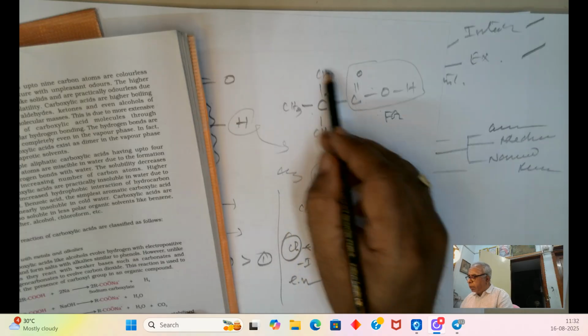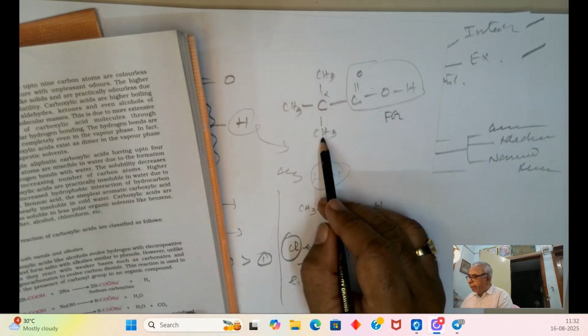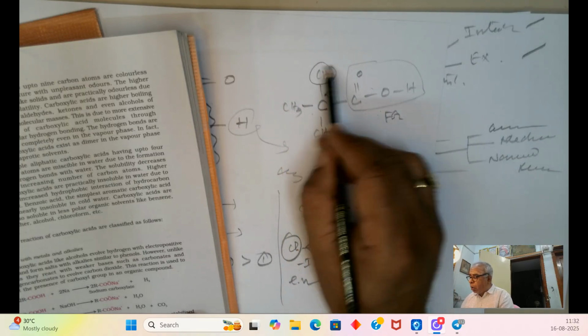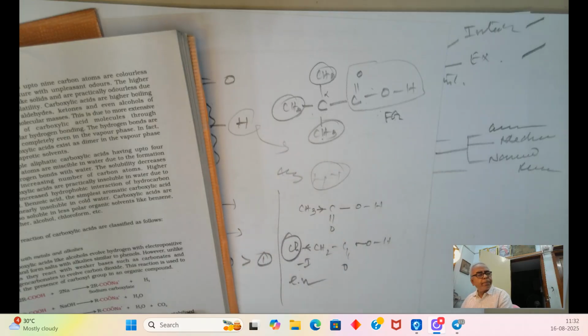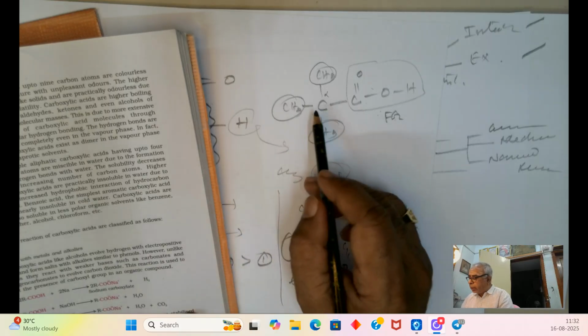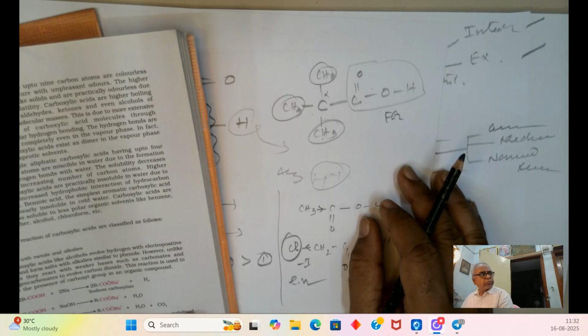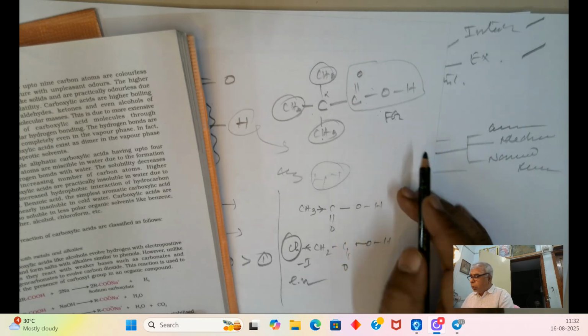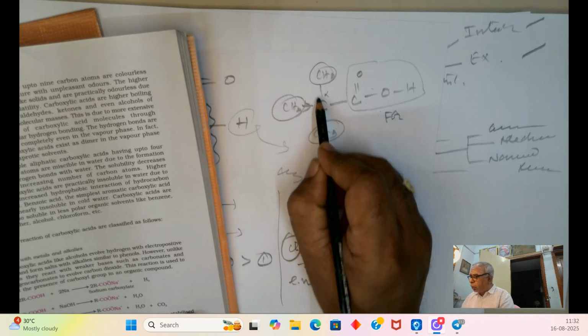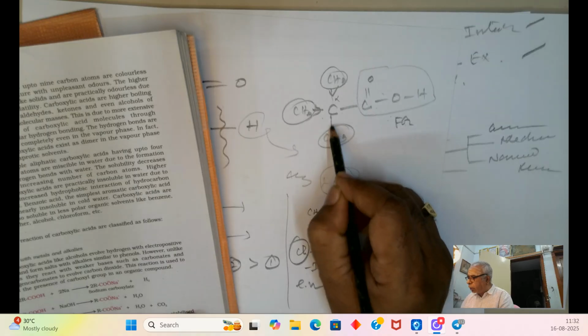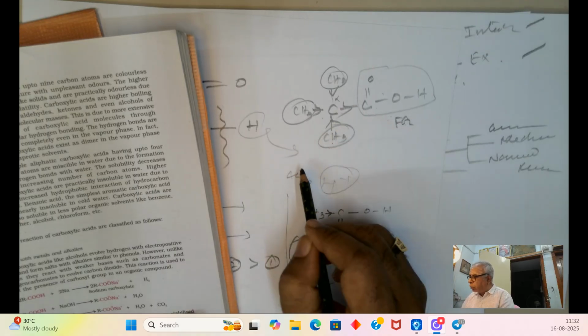This alpha carbon atom is substituted by what? Three methyl groups, all bulky. These bulky groups will try to expel and push the electrons. I don't want the electron.